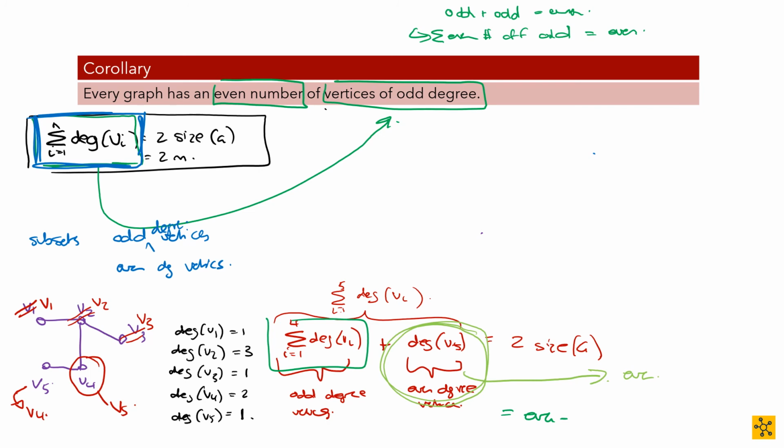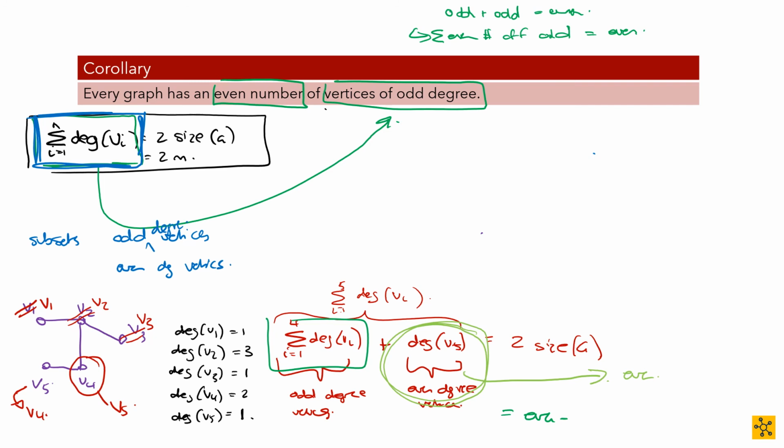So again, there's a couple of things that we do here. Even though it looks straightforward, it's quite a lot of layering, where we looked at the corollary and said, okay, it says every graph has an even number of vertices of odd degree. What do we know about even and odd numbers and the adding of even and odd numbers? Well, we know that an even number of odd numbers always gives us an even number.